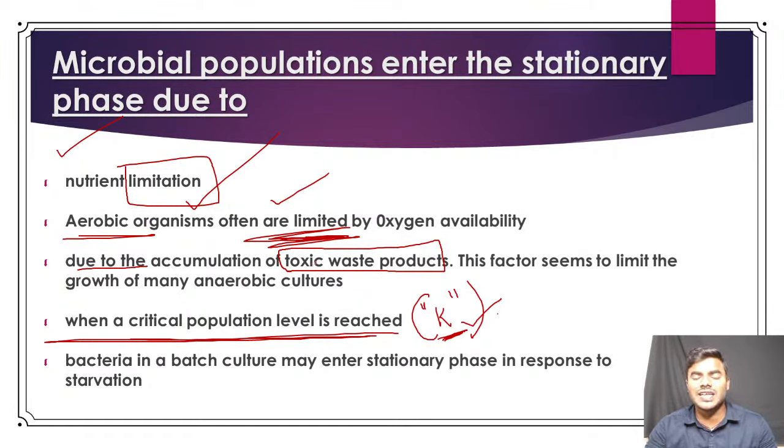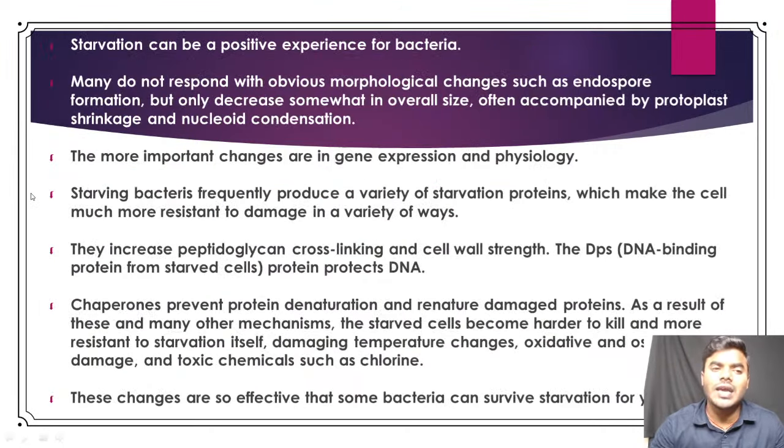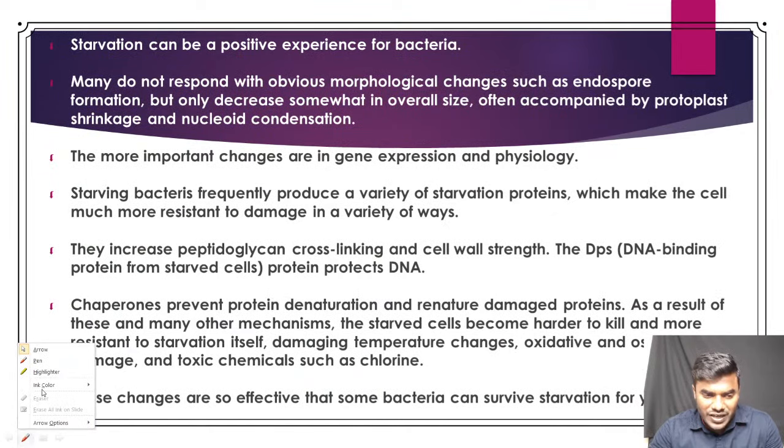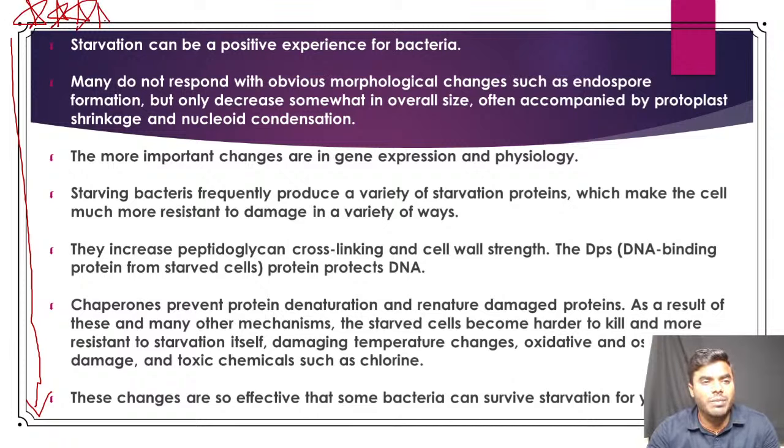If the toxic product is accumulating, how does the cell undergo division? It never undergoes division. These four are the major reasons for the cell to enter into the stationary phase. But friends, I told you just now, we can expect the questions in the form of a statement. Now this is the most important slide. Whatever statement I have written here, I am requesting every one of you to read every single statement without fail.